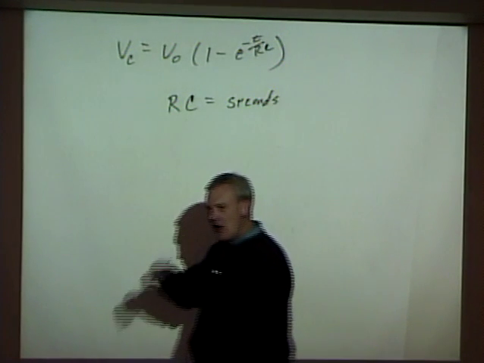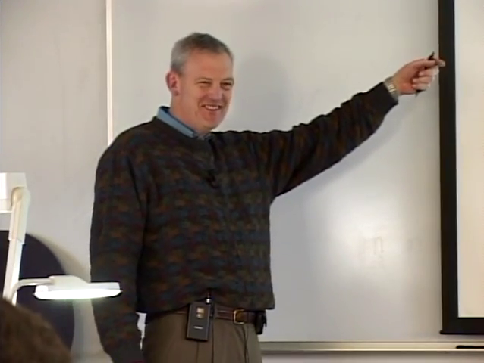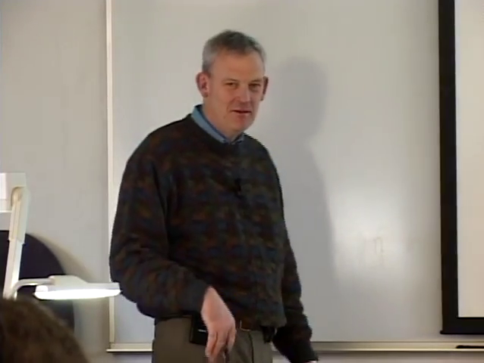I want you to show me why RC is seconds. You haven't taken physics class until you've shown that RC equals seconds. It's kind of like you haven't done physics until you've done E equals MC squared, which we'll get to in April.